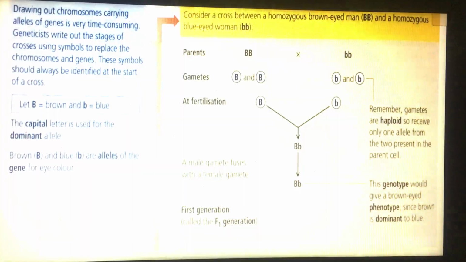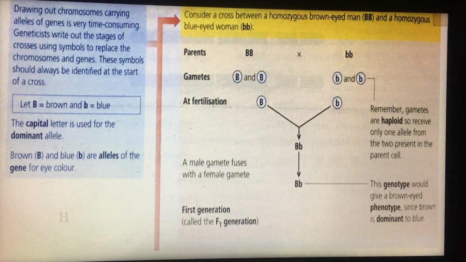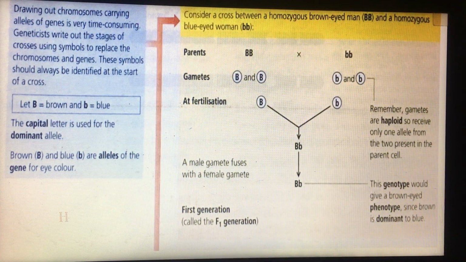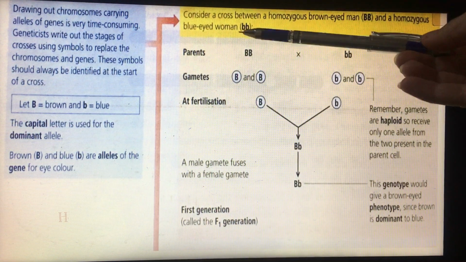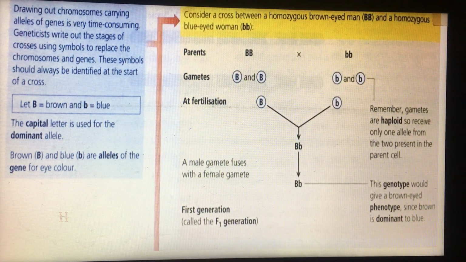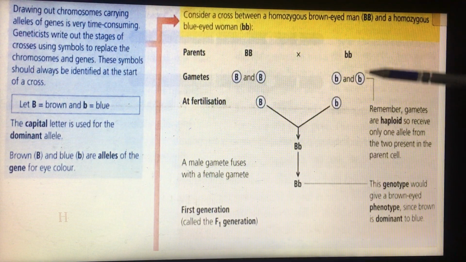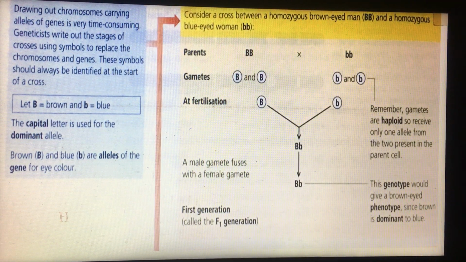So to understand genetics, focus here with this cross, which is between a homozygous brown-eyed man and a homozygous blue-eyed woman.